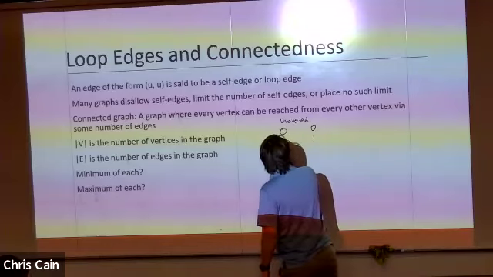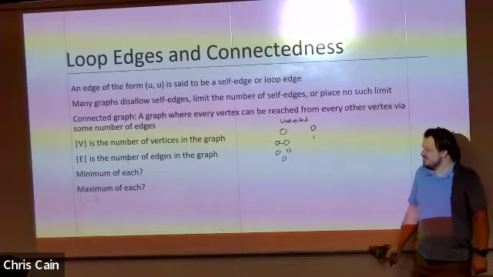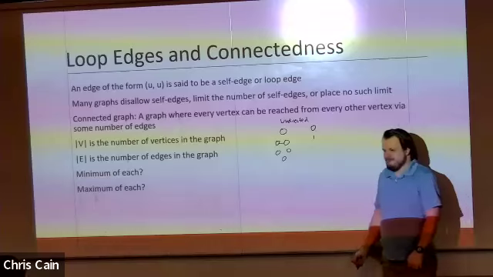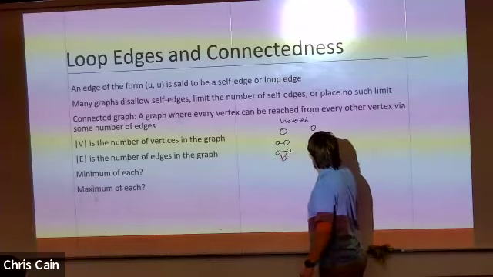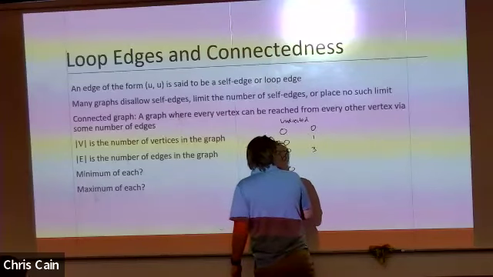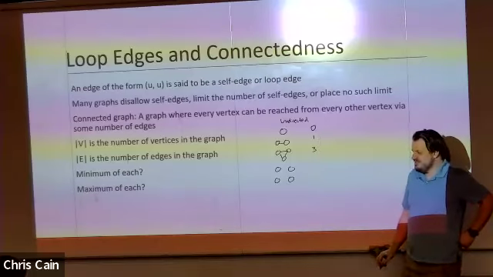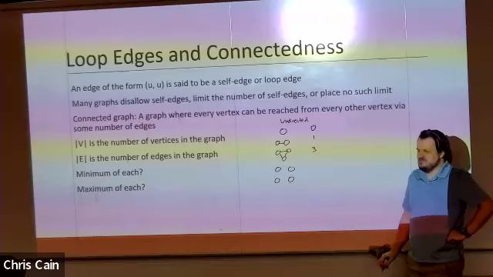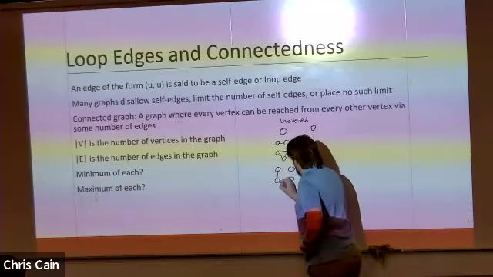We now have 3 vertices, maximum number of edges. We have 4 vertices. How many can be between them? 1, 2, 3, 4, 5, 6.